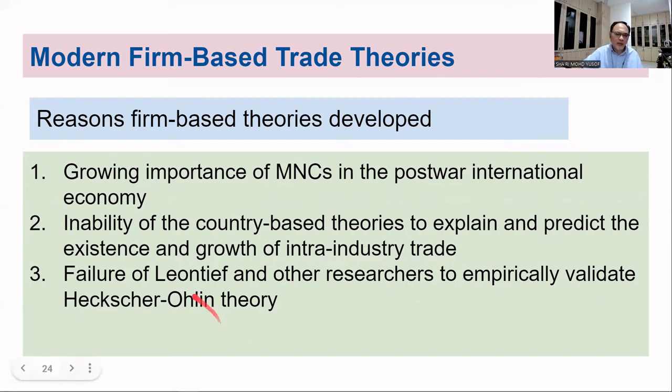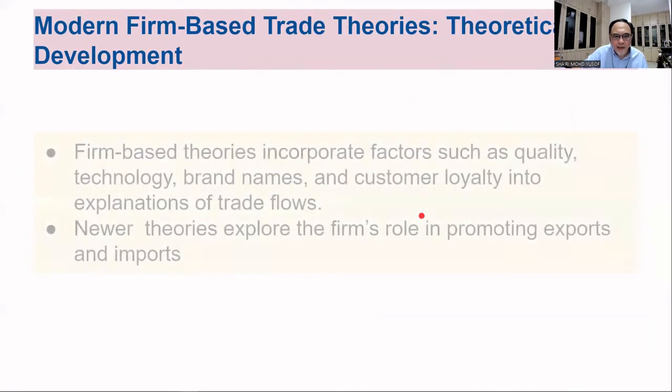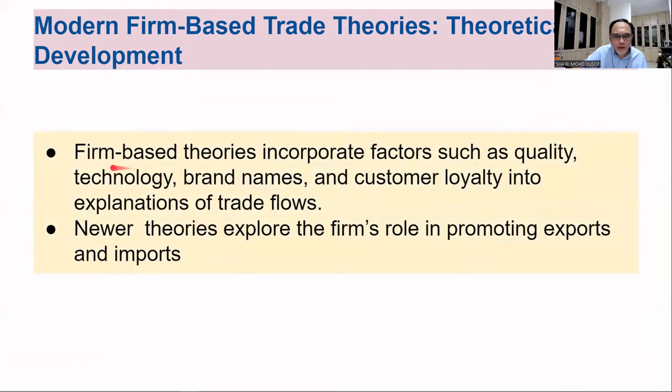And also the failure of Leontief and other research to empirically validate. So that's why a lot of research today uses firm-based theories. Because you're looking at a more micro level, it will incorporate factors such as quality, technology, brand name, and customer loyalty into the explanation of trade flows.